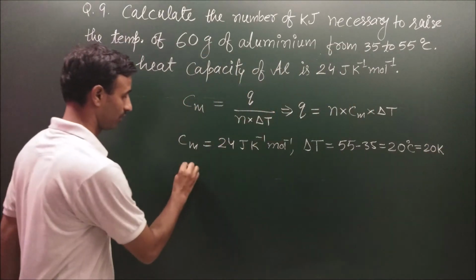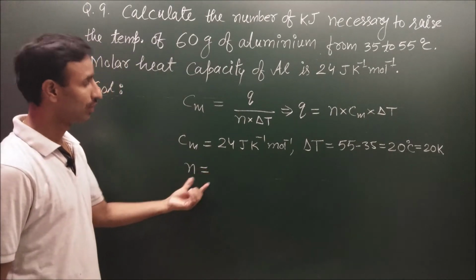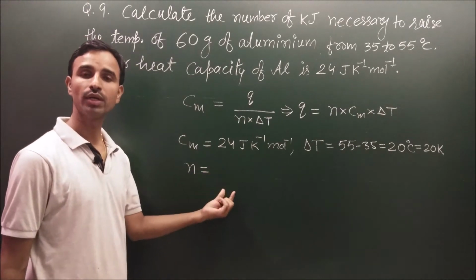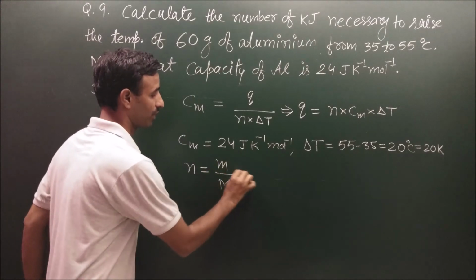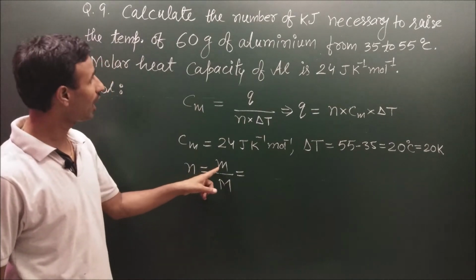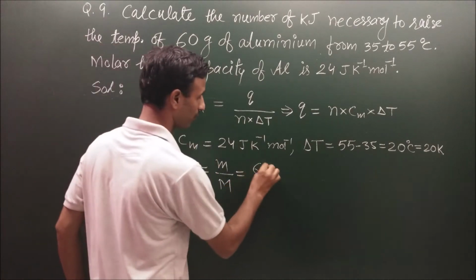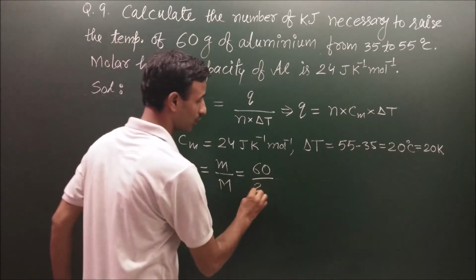Now N is number of moles. So number of moles is mass over molar mass. Mass of aluminium is 60. And what is molar mass of aluminium? It is 27.